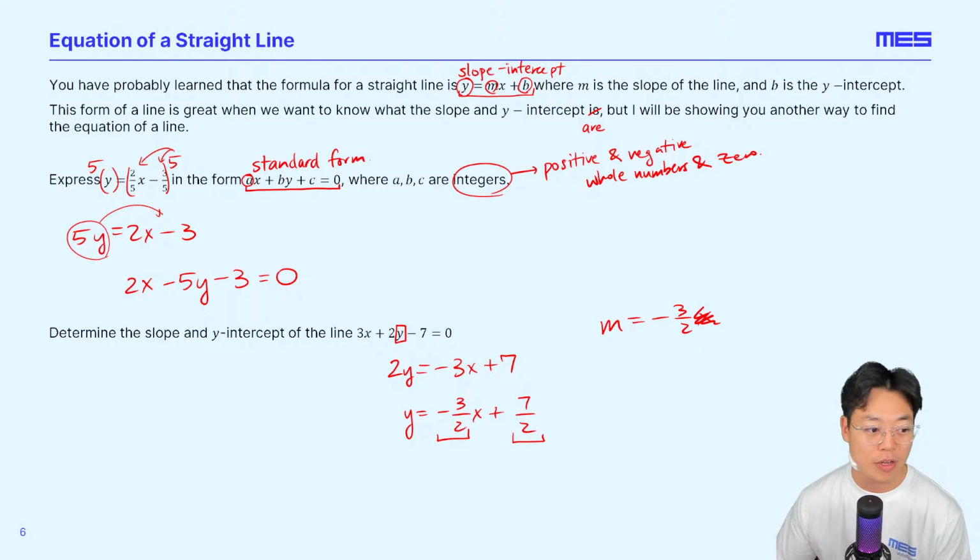X is a variable. The slope is the coefficient of that x variable. The slope is just negative 3 halves. 7 halves is our y-intercept. A y-intercept occurs whenever our x value is 0, so the y-intercept is also known as the point (0, 7 over 2).